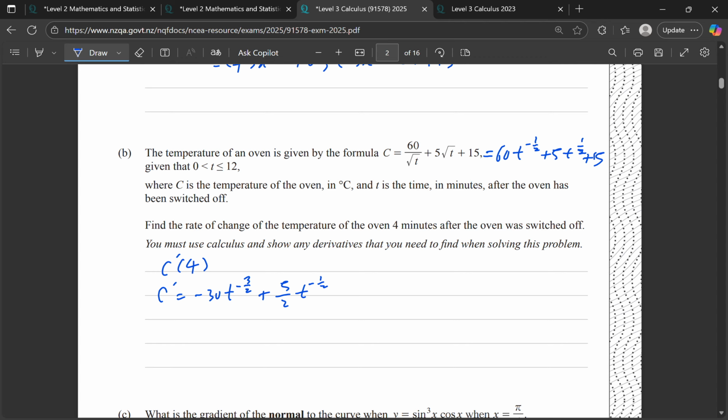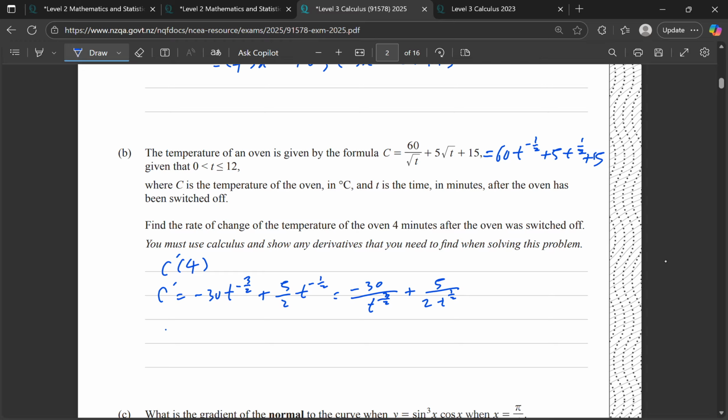Let me think. Yes, all right, so we can rewrite as minus 30 over t to the power of 3 over 2, plus 5 over 2 square root of t, or just t to the power of half.